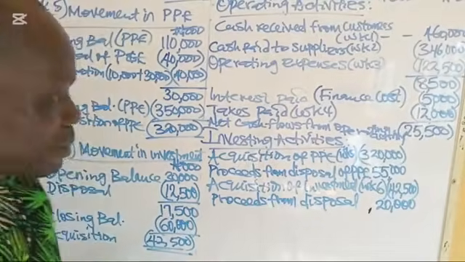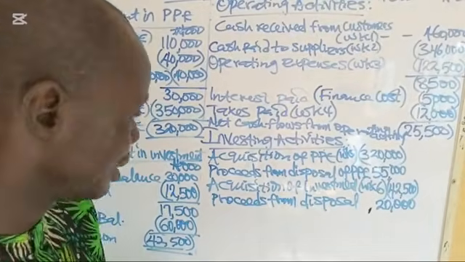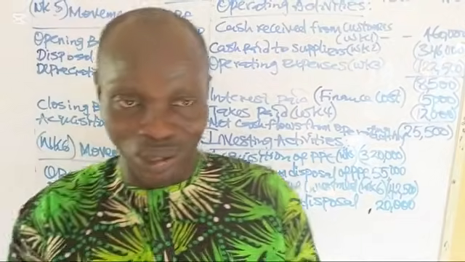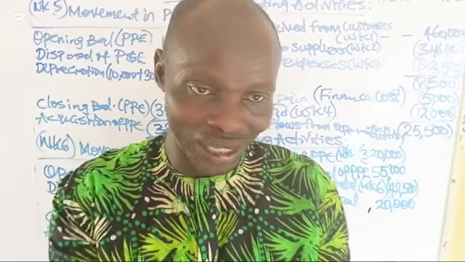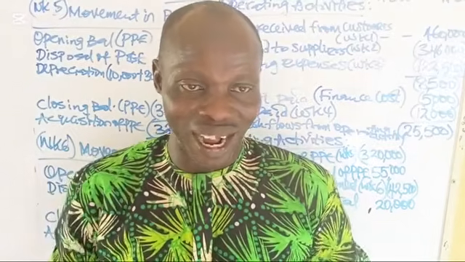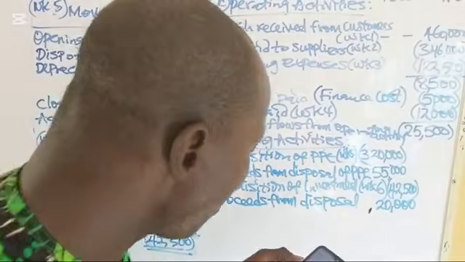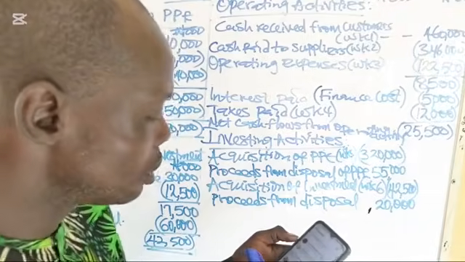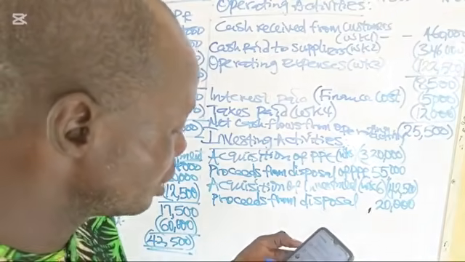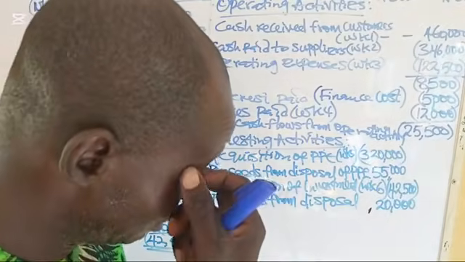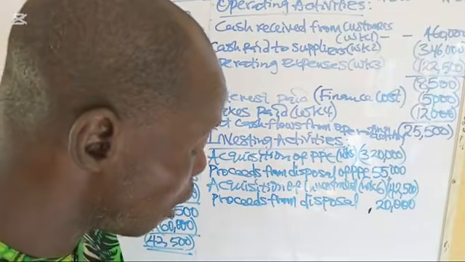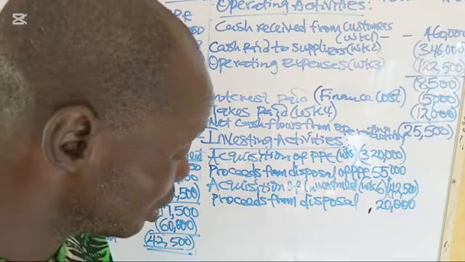So now the proceed is an inflow. You sell something, you get cash back. Now there are no other non-current assets.